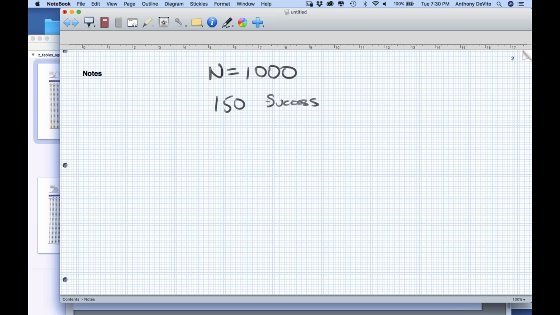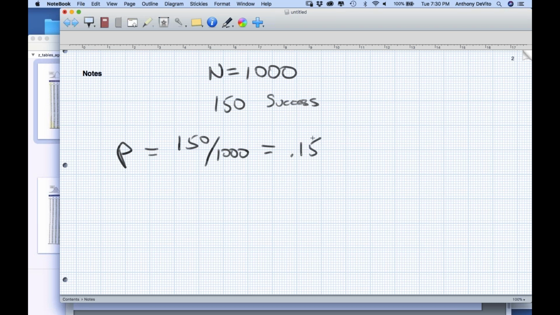So what proportion of this sample actually accesses Facebook more than once a day? It's 150 out of 1,000 people, so our proportion is 150 over 1,000, which equals 0.15, or 15%.